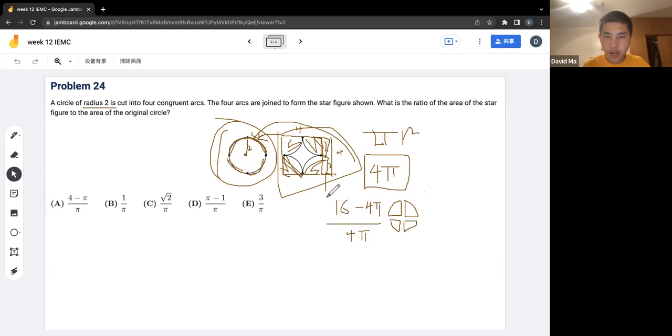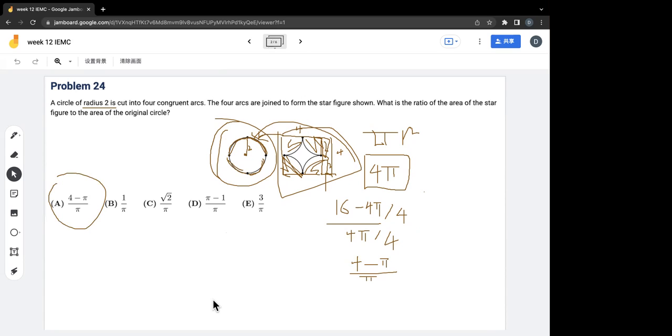And if you divide top and bottom by 4, you'll get 4 minus pi over pi. That is answer choice A. All right. Do you guys get this problem? Lloyd, Joyce? Yeah.